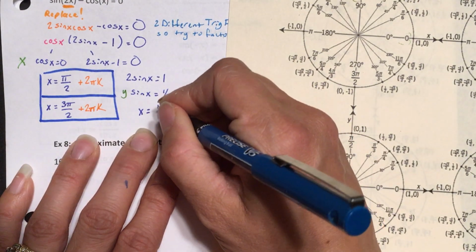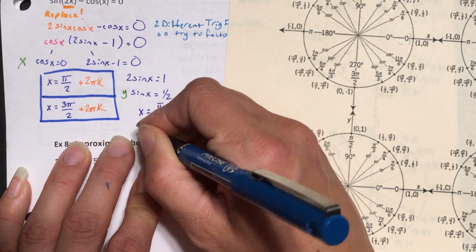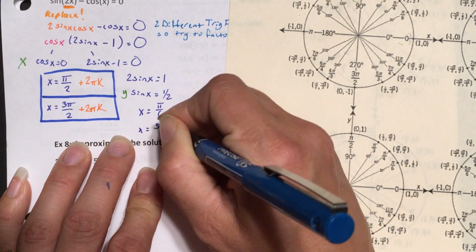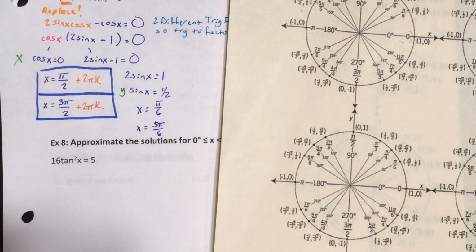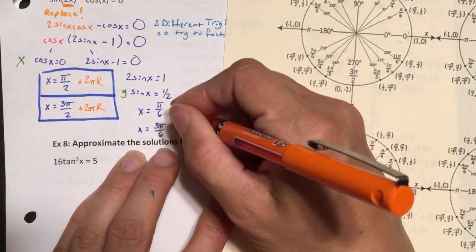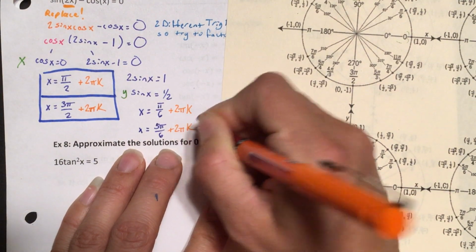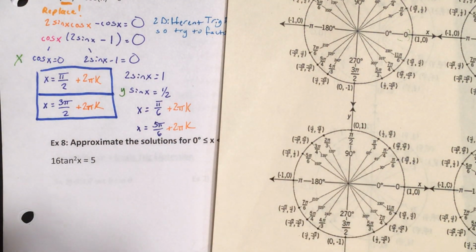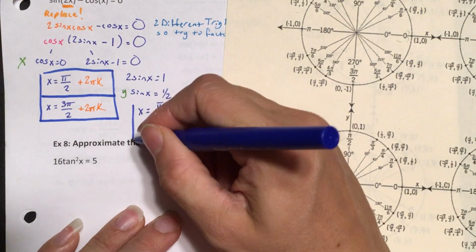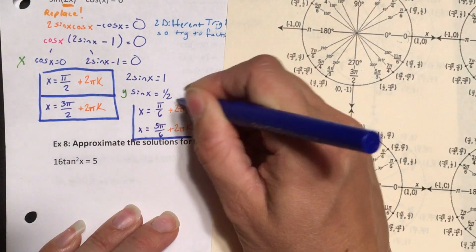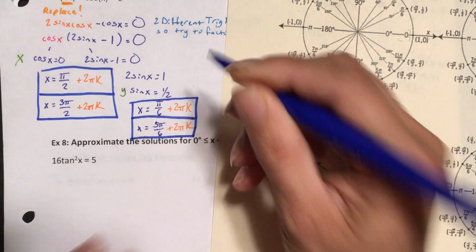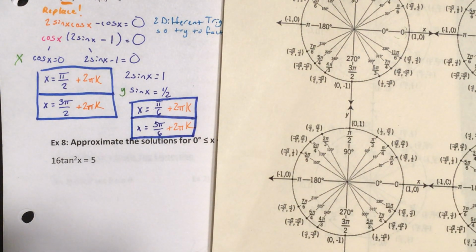So we've got pi over 6 and 5 pi over 6. And then don't forget that coterminal stuff, plus 2 pi k. And so for this one, we have found 4 solutions.